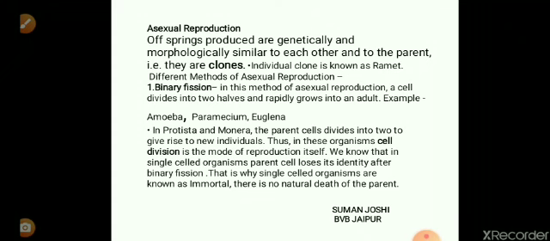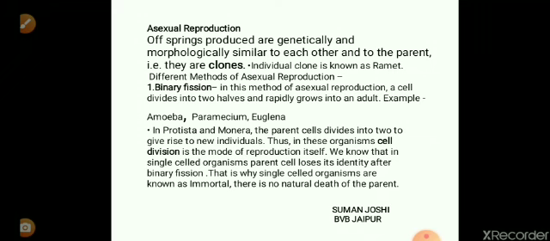The first one is binary fission. Binary means two. Fission means breakdown. So in this method, a cell divides into two halves and these two halves can grow into adult organisms. Example, Amoeba, Paramecium, Euglena. One important thing we should discuss here is that binary fission is common in Protista and Monera, and we all know that the Monera kingdom is of bacteria, cyanobacteria, and Protista is where the single-celled eukaryotic organisms are there.